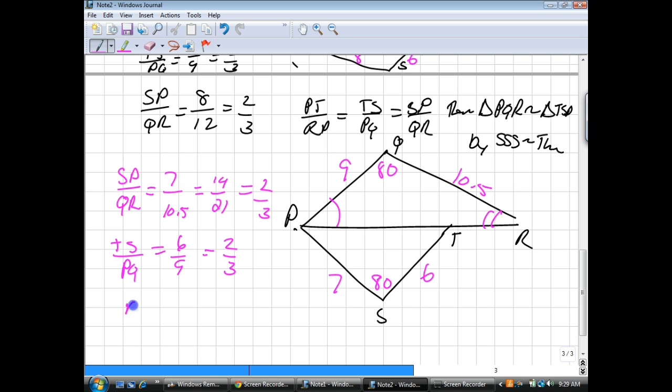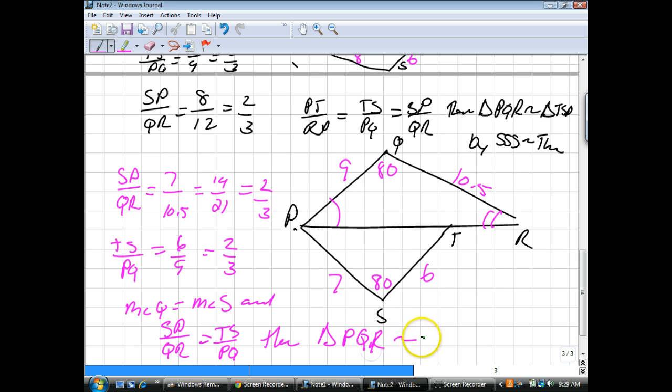And since measure of angle Q equals measure of angle S, and SP is to QR as TS is to PQ, then triangle PQR has to be similar to triangle TSP by the side-angle-side similarity theorem. Okay.